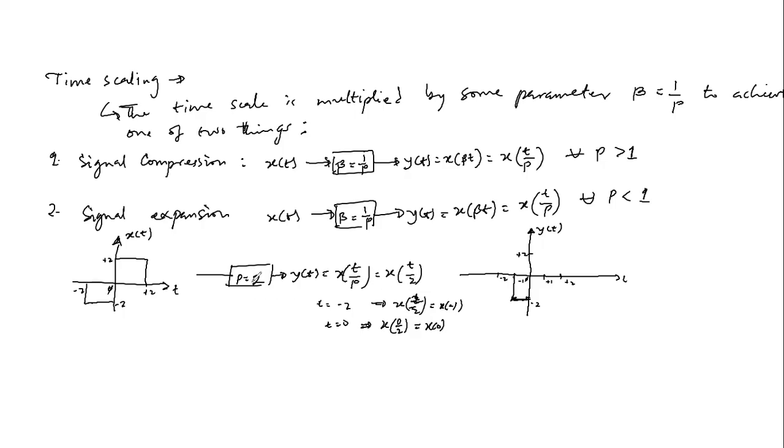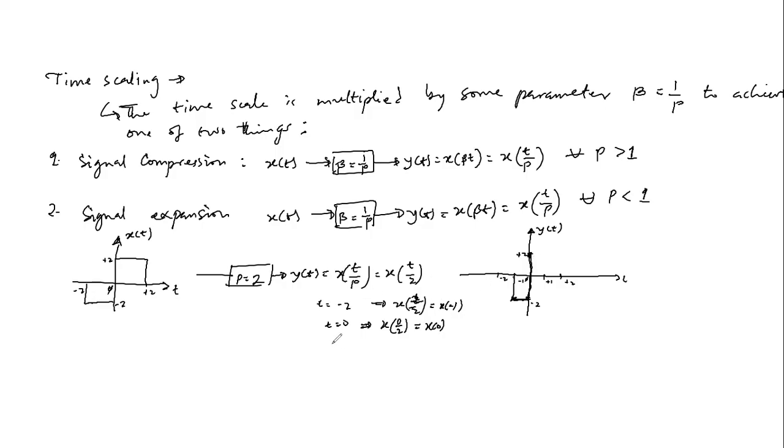Now, on performing the time scaling operation, s of y of t will be 2 at t equal to 0 as well. So we're going to get our signal here. Okay, so we'll trace this all the way.